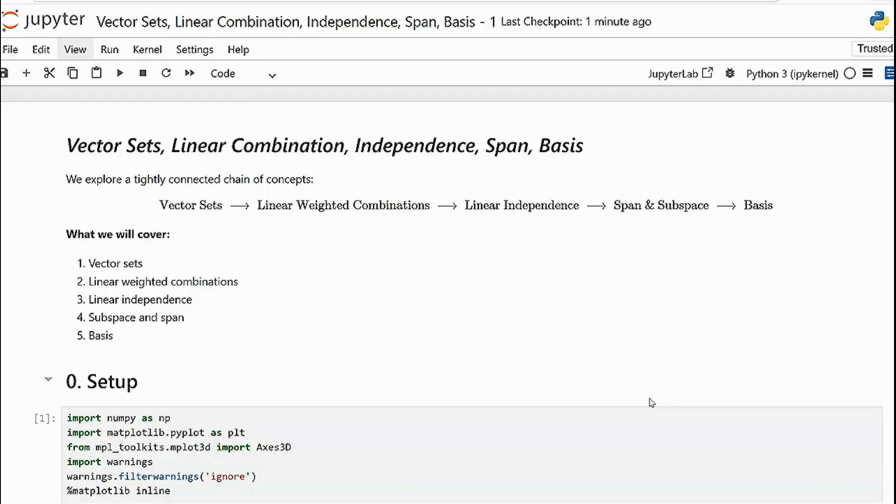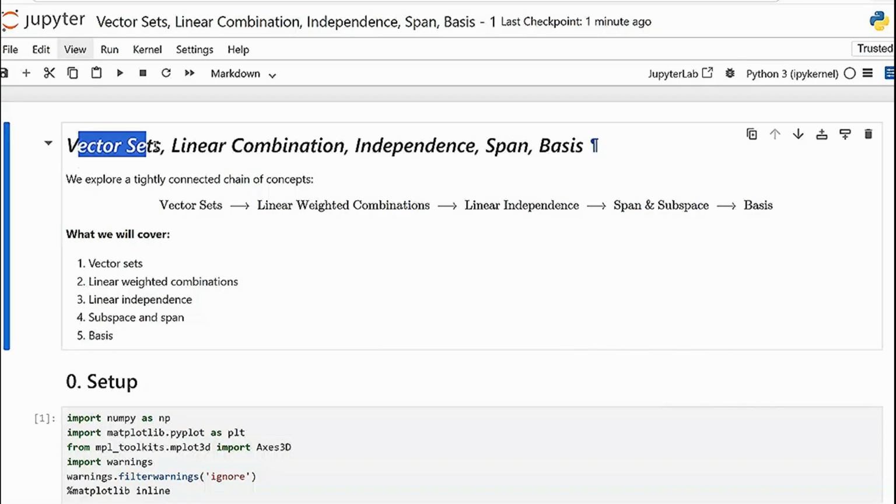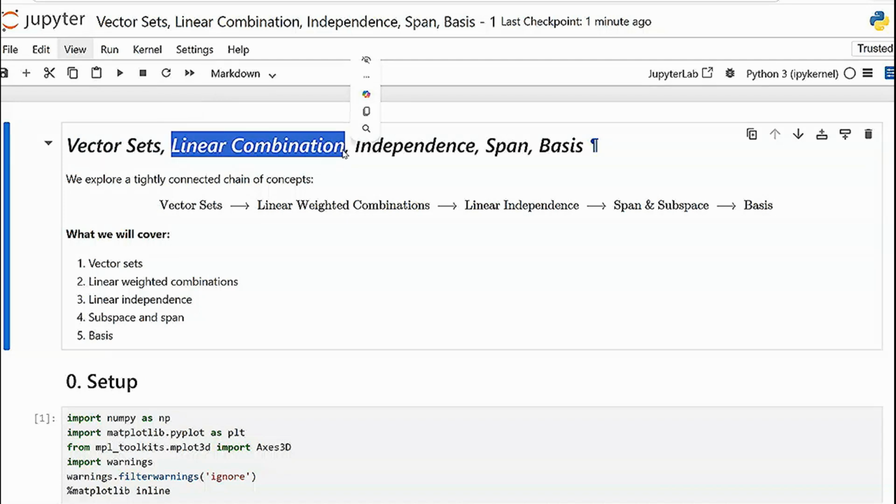Dear friends, we bridge foundational linear algebra concepts with their direct applications in data science and generative AI. We are going to begin with vector sets, and then move on to linear combination, the fundamental mechanism for constructing vectors.